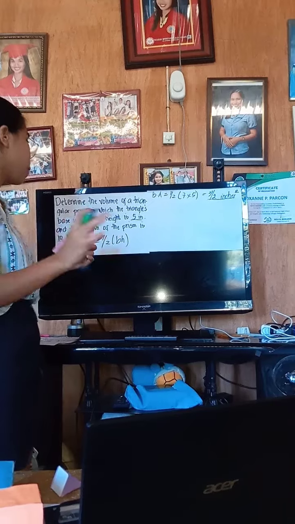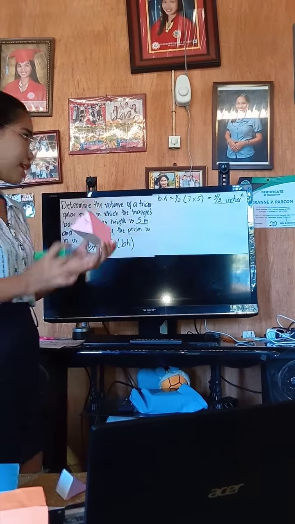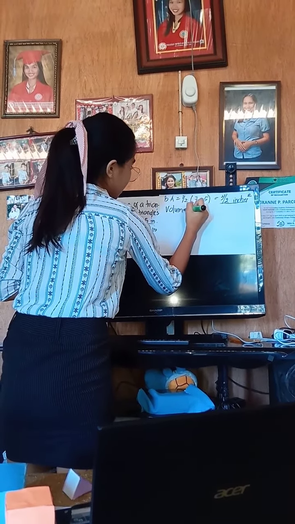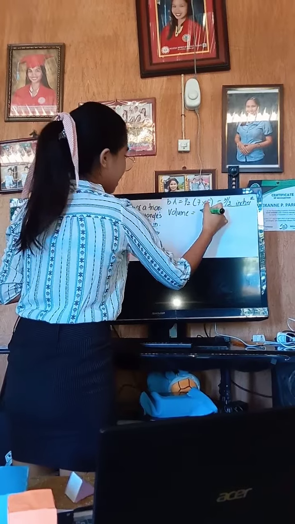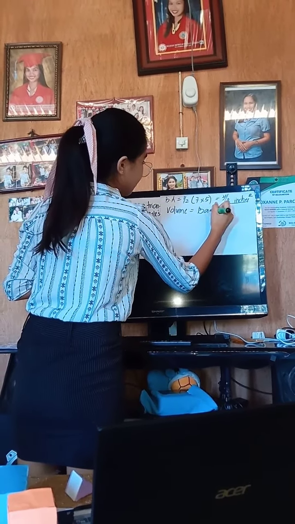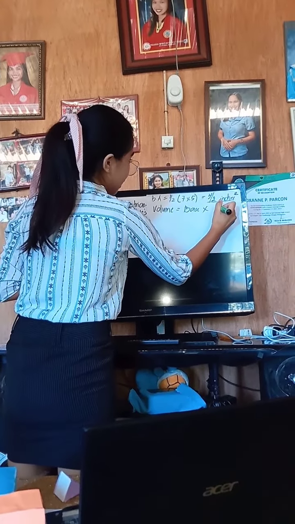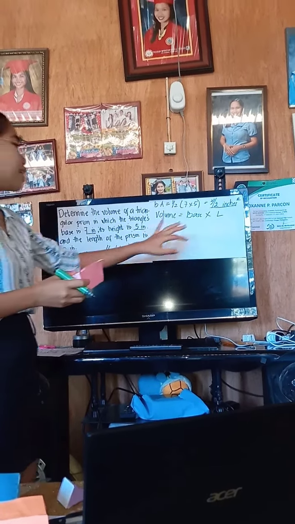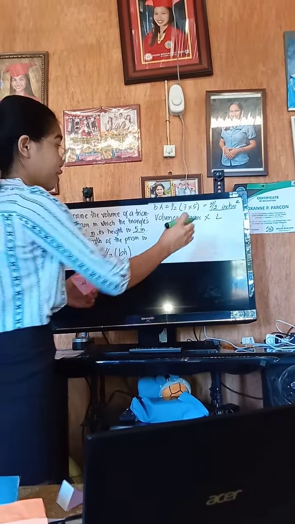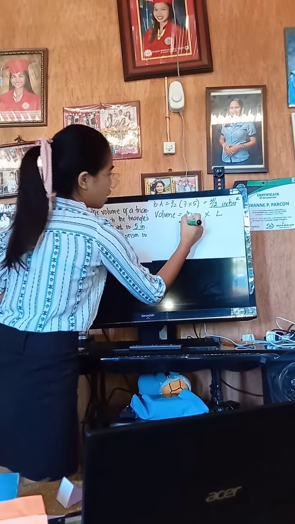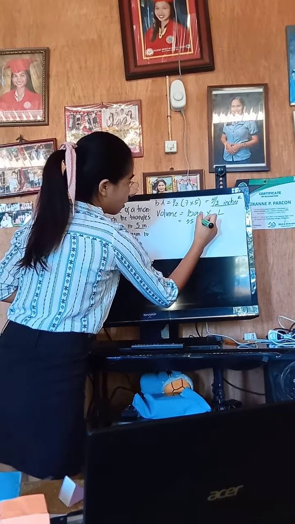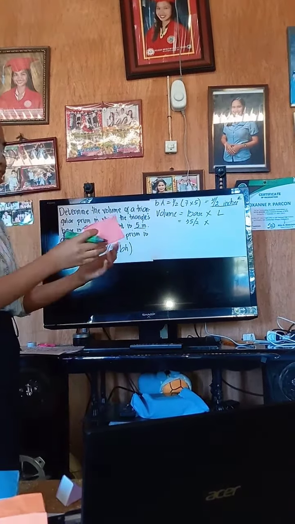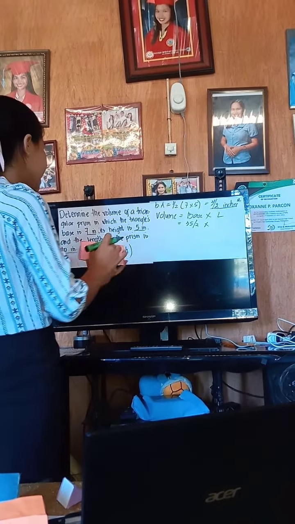Next is the volume of our triangular prism. The formula is volume equals the base area times the length. Our base area is 35 all over 2 inches, times the length of our triangular prism, which is 10 inches.